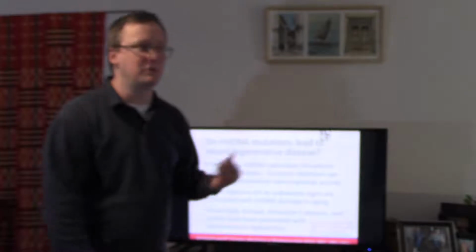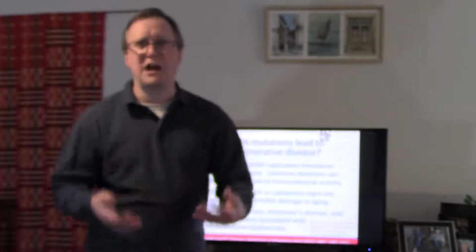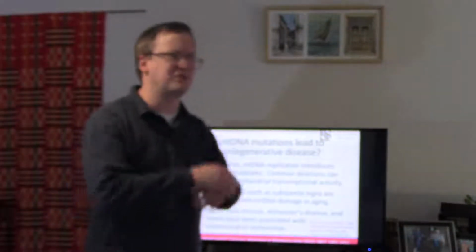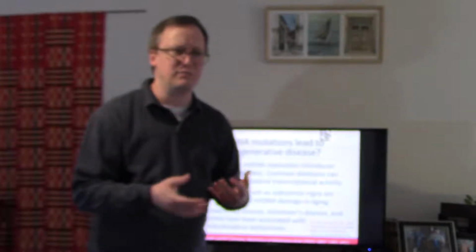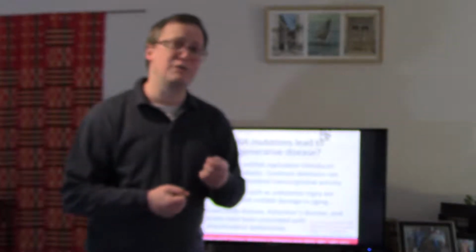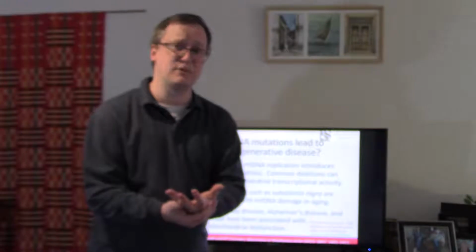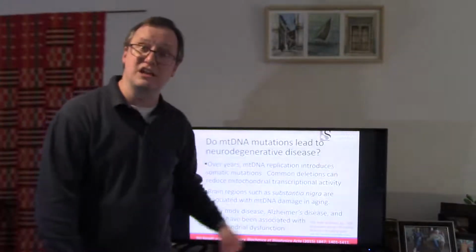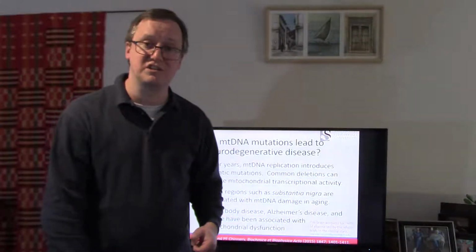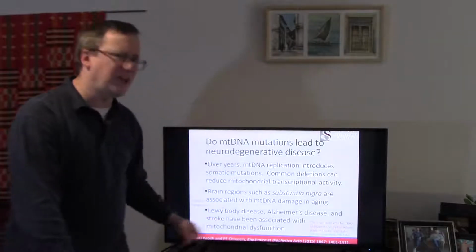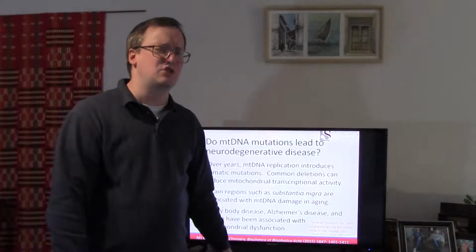Alzheimer's disease, we talk a lot about how a prion is associated with this in the formation of plaques in Alzheimer's patients, but it's also the case that we've observed some mitochondrial DNA damage that may be connected with the production of Alzheimer's disease. Of these three, I think stroke is the one that I'm least sure about.